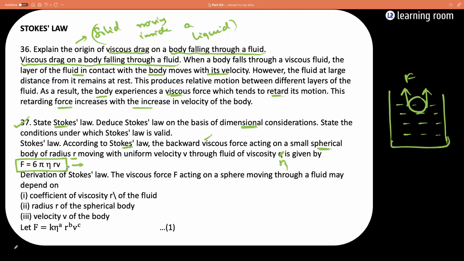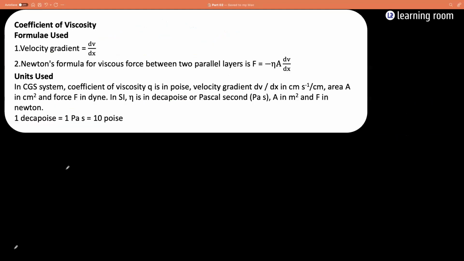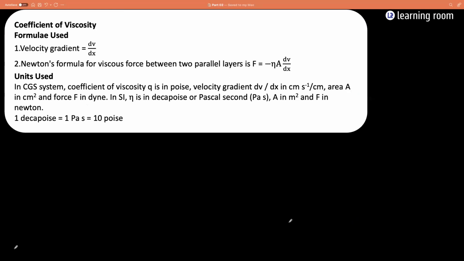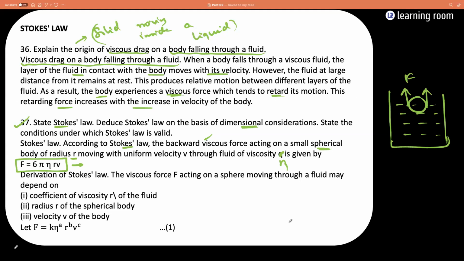Okay. And this is the viscous force experienced by the solid. So this is not to be confused with the other force, because F is equal to minus eta into A into dV by dx is the viscous force acting between the different layers of the liquid, whereas this 6 pi eta r v is the viscous force that is acting on the solid due to the liquid.